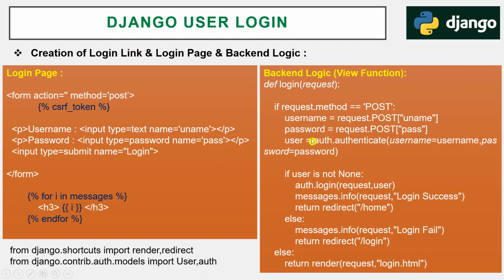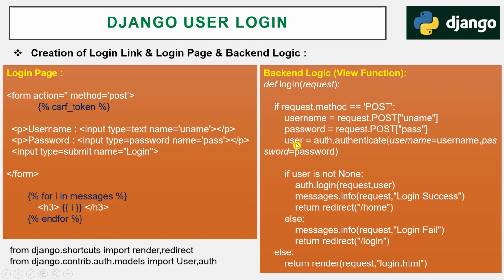So we make use of this function auth.authenticate, right? We pass the username and password which we took from the web browser as parameters to this authenticate function, which exists inside the auth class, right? So this function takes place.